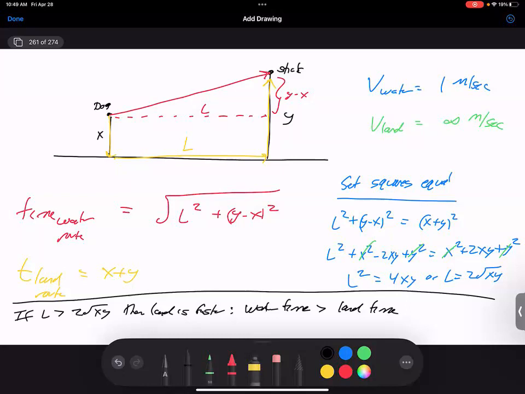Wait a minute, am I getting things phrased wrong? I want to make sure I do the algebra correctly. Right, so the longer L is, the better it is to do it on land. So the land time is going to be smaller. All right, I'm going to stop here because I'm going to get it wrong, sadly.